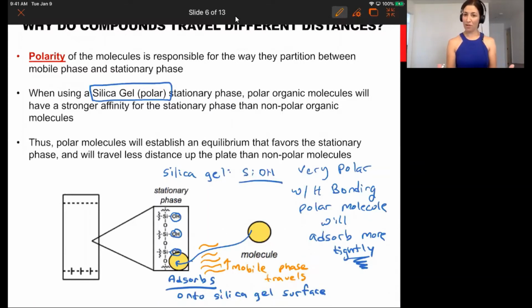More polar molecules will desorb less and will thus travel less up the plate than, say, a less polar molecule, okay? More polar molecules will desorb less, okay, as the mobile phase travels.